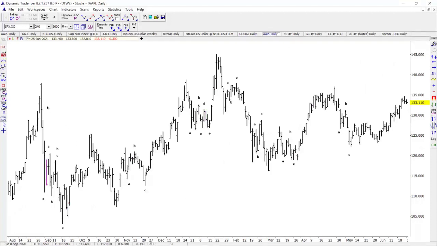Again, what is this? This is Apple Daily over about the past year. An ABC correction. Here's one that is not, at least it doesn't appear to be, an obvious corrective pattern. So that's one that was a significant correction, was not an obvious corrective pattern. This, an ABC, again, these were just 2 and 3 day little corrections.